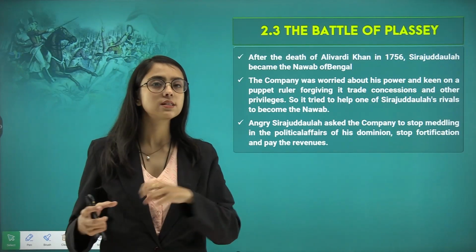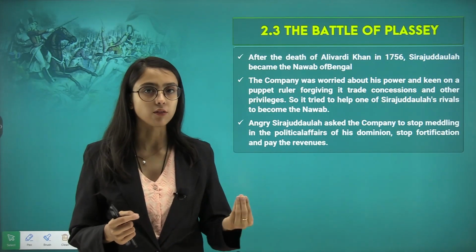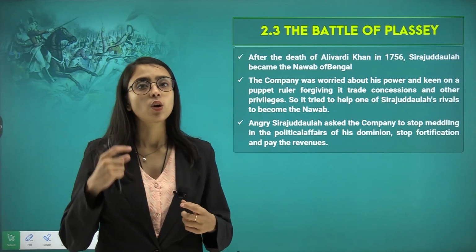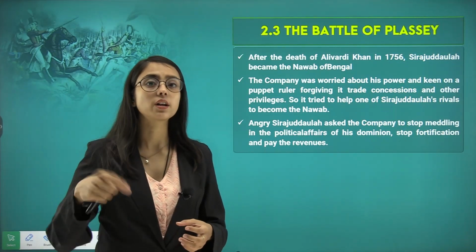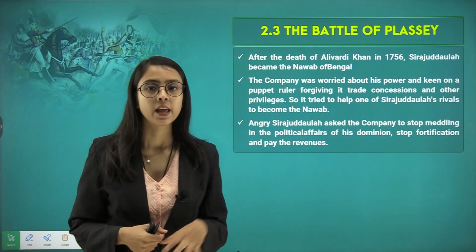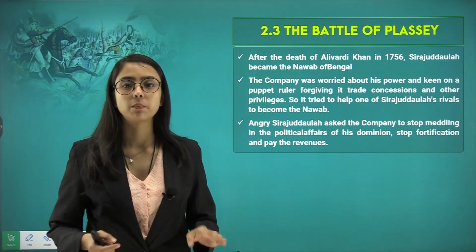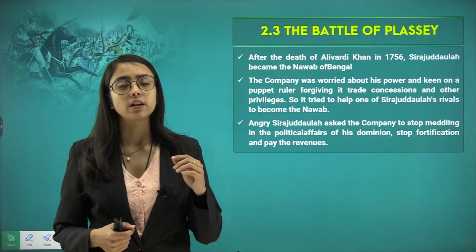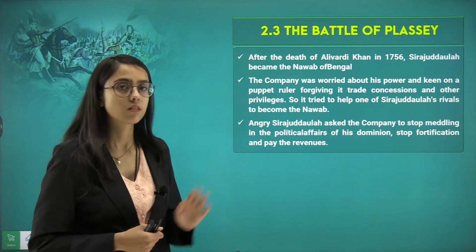So what did they do? They started playing politics. They did not want Sirajudullah because he was very powerful and would not favor the East India Company. Rather, they started to pair up with the rival of Sirajudullah and wanted him to become Nawab because he would be a puppet in their hands. Angered, Sirajudullah asked the company to stop meddling in the political affairs of his dominion, stop the fortification and pay the revenues.